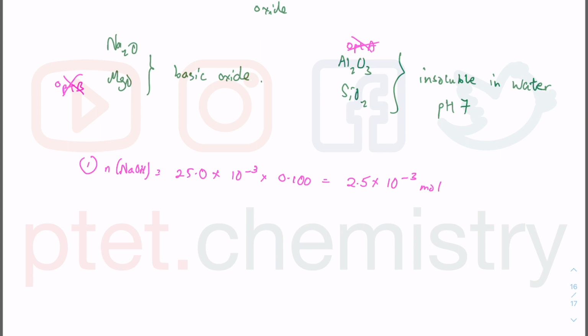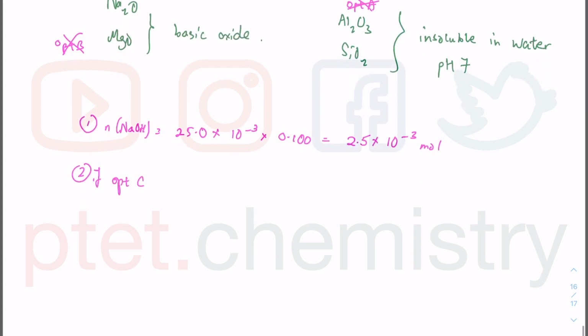What else do we know? If we have option C, then P4O10 plus H2O, this is phosphorus plus 5. I know the acid I get will be phosphorus plus 5 because it has the PO4 3 minus ion. So the acid I'll get is H3PO4.